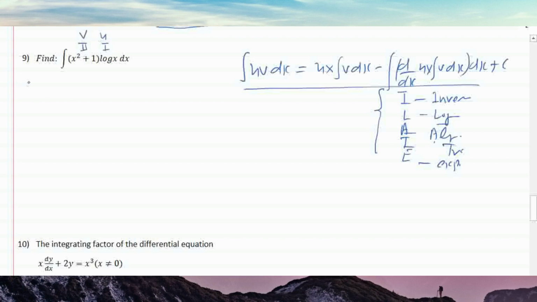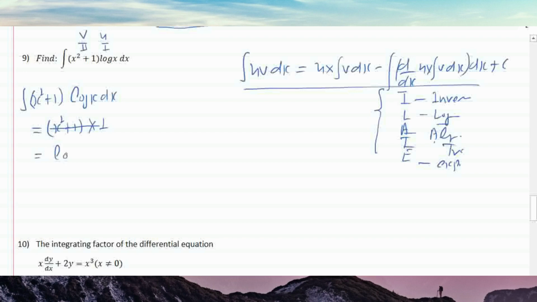So we can apply this formula here directly. See, I am applying the formula directly. We are getting here, integration of (x square plus 1) log x dx is nothing but first function into integration of second function. See, I've done it wrong. Okay, I'm doing it here.